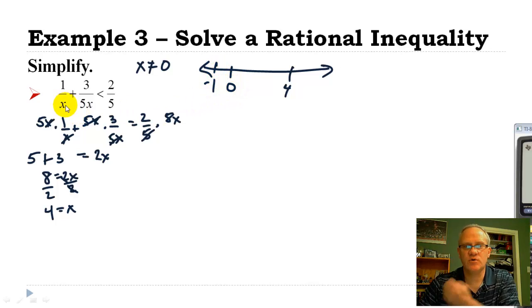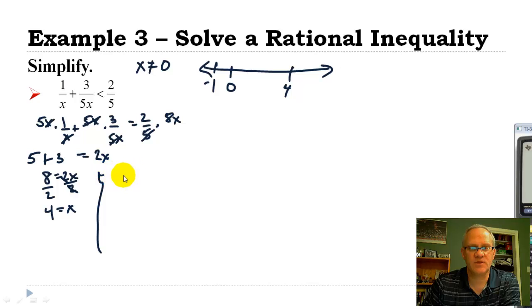So if we plug -1 in here, let me draw a squiggly line there. You've got 1 over -1 plus 3 over -1 times 5, so -5, less than 2/5. So this would be -1 plus -3/5.